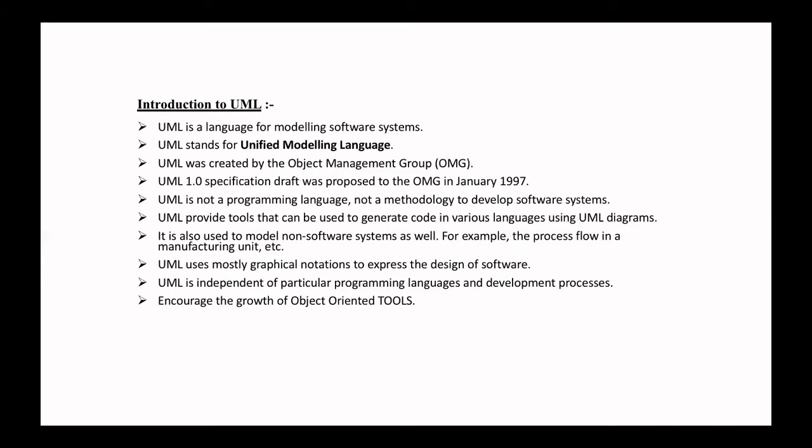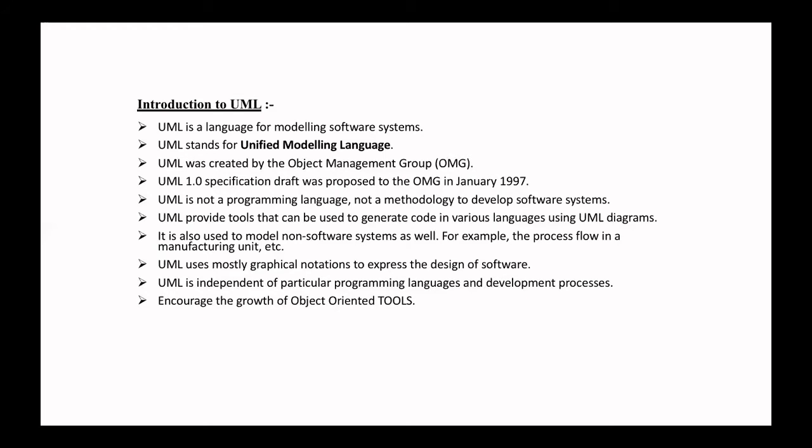Why am I using this point? Because if you look at many organizations, UML is not only for software design, not only for designing software systems and software products. It's also used in non-software systems.